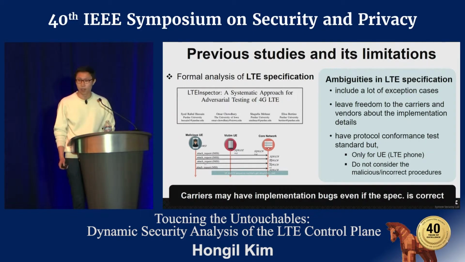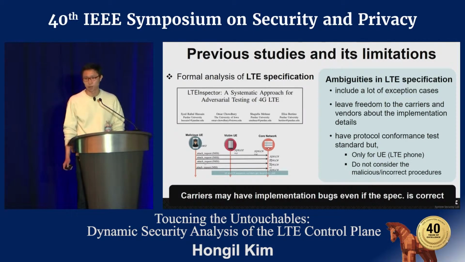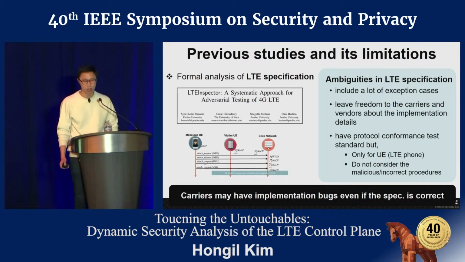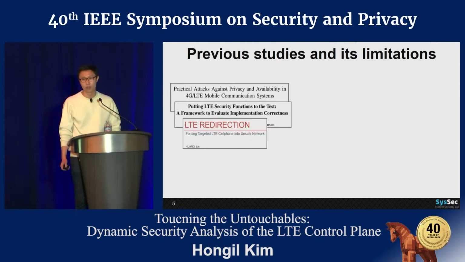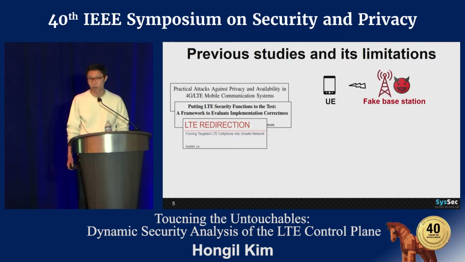So from these facts, even if the specification is correct, the carrier's network may have implementation or configuration bugs. In addition, there were several studies regarding the implementation of the LTE control plane. These studies mostly focused on attacks using a fake base station.